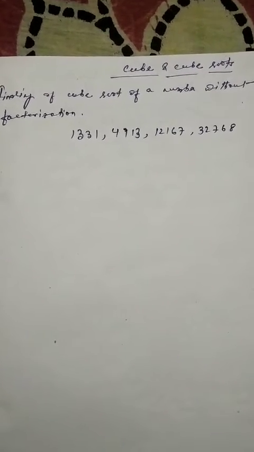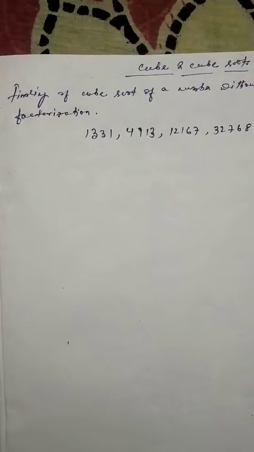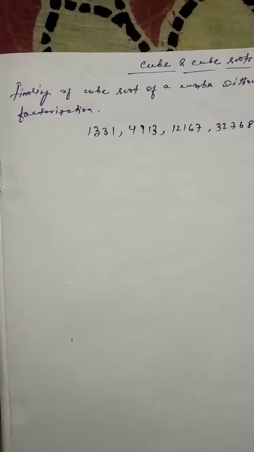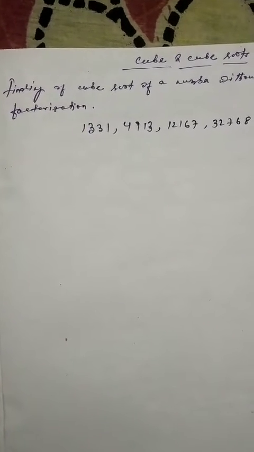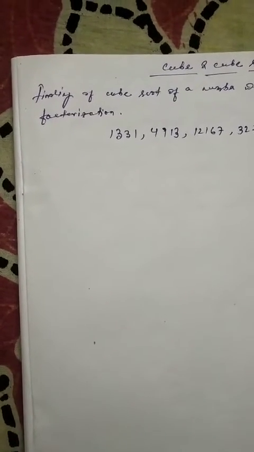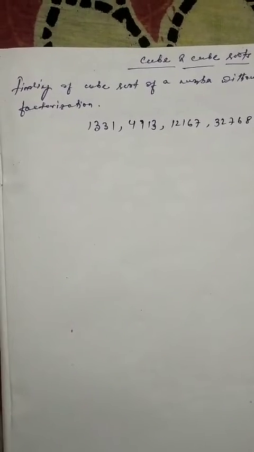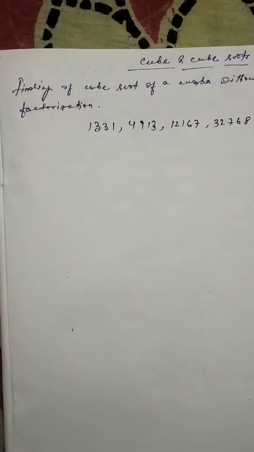So children, today we are going to discuss a question. That's the last question of this chapter: finding the cube root of a number without the prime factorization method. Children, we have a process by which we can find the cube root of a number.